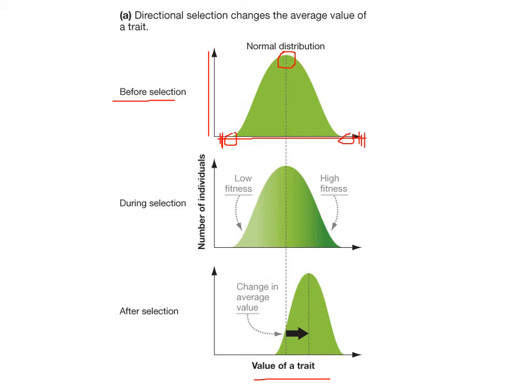The next graph describes what happens during selection in terms of reproductive success, because remember, we have to link a trait to reproduction. So in evolution, we call fitness or reproductive success W for short.